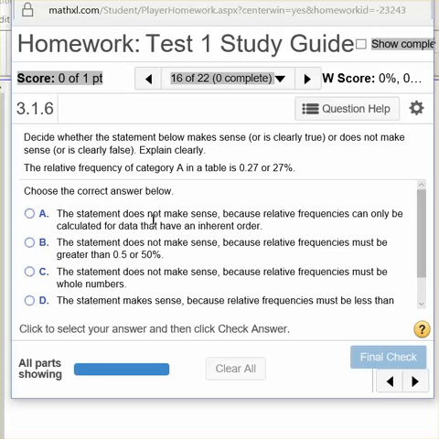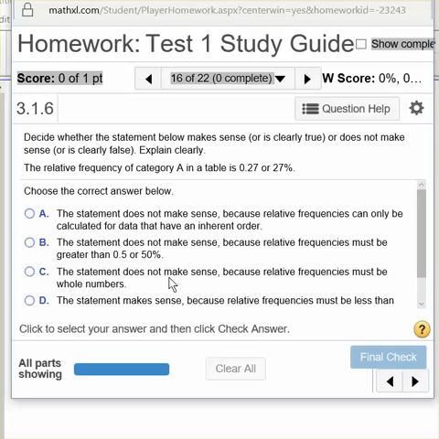Well, let's read through our choices here. A, the statement does not make sense because relative frequencies can only be calculated for data that have an inherent order. I don't remember saying anything like that, so that doesn't sound true. B, the statement does not make sense because relative frequencies must be greater than 0.5 or 50%. Definitely not true.